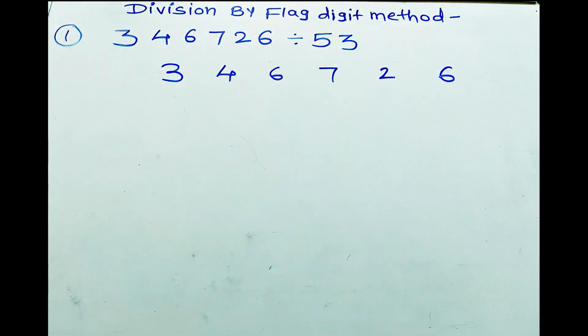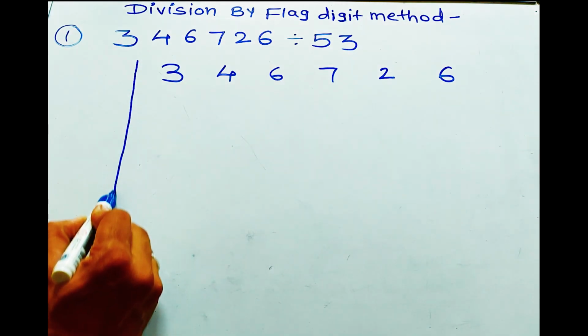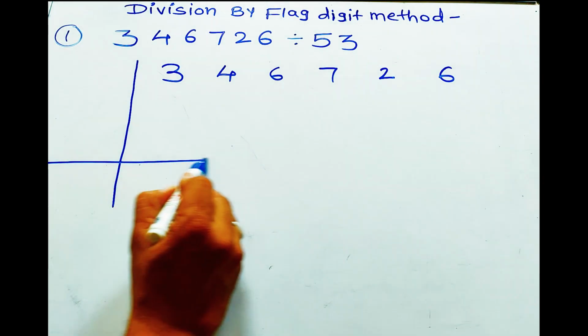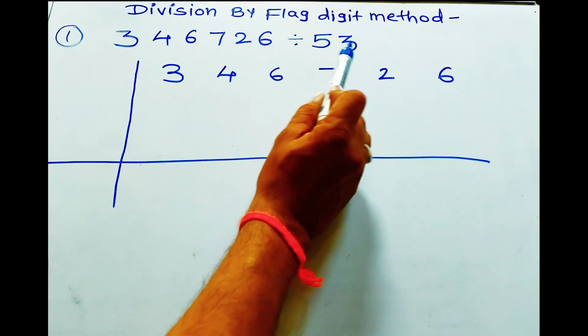We write the dividend in such a manner. After that we draw a vertical line, then a horizontal line. Now our divisor is 53.